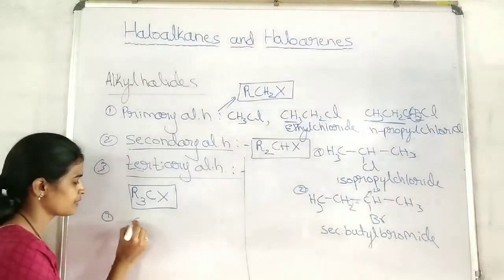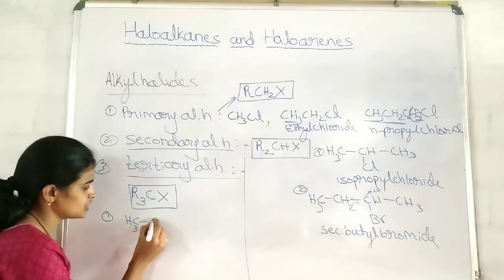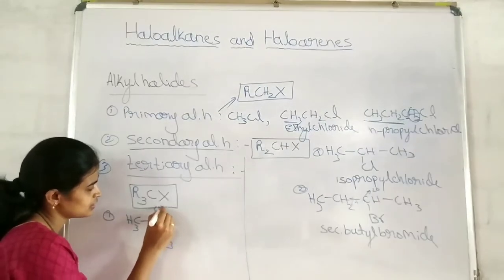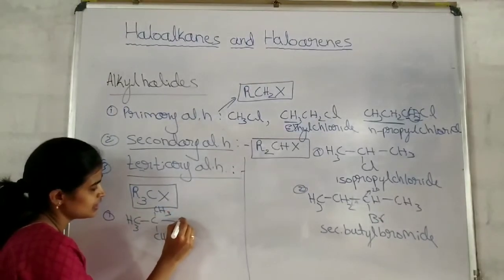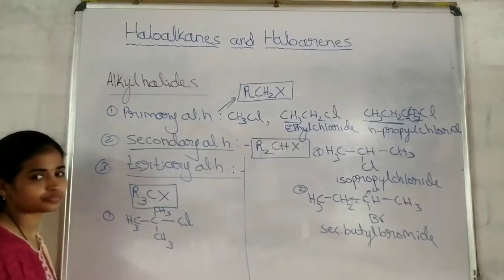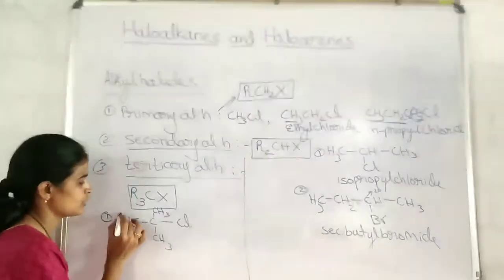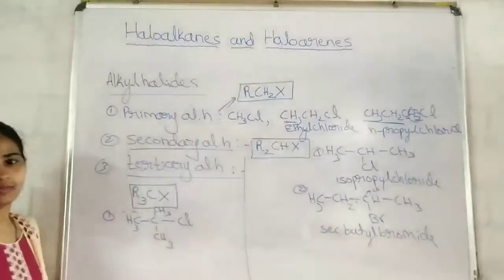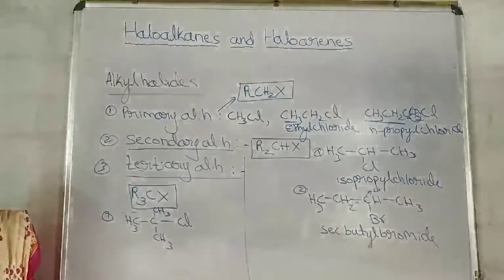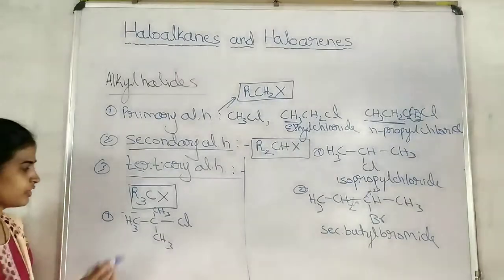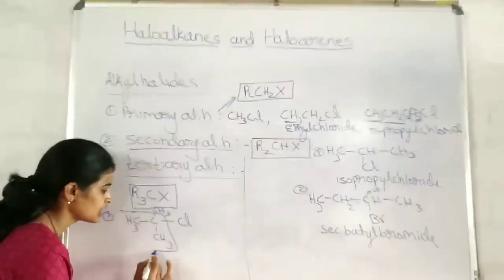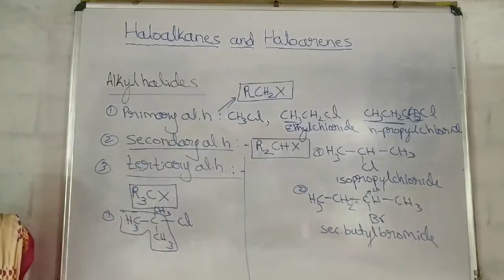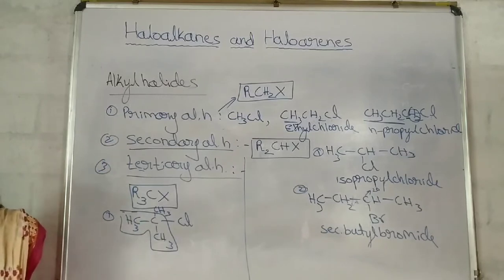What is the example? First one I'll write: CH3C(CH3)2Cl. Isn't it? What will be the name of this one? 2-chloro-2-methylpropane. You can follow the IUPAC system. Two substituents are there: 2-chloro, 2-methylpropane.